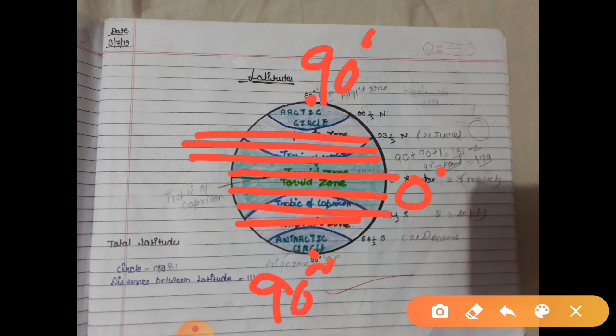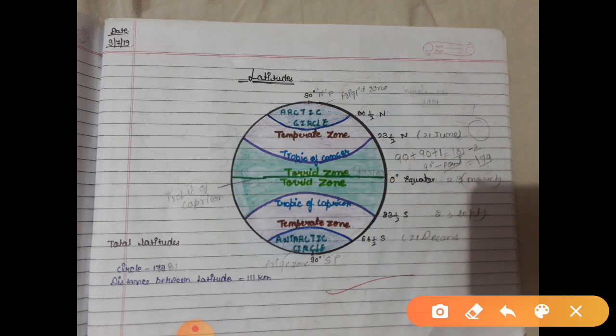In the north direction it is 90 degree north, the North Pole, and in the south direction it is 90 degree south, the South Pole. Okay, see, at 23.5 degree it is the Tropic of Cancer. At 66.5 degree north it is the Arctic Circle, and then we have the North Pole.